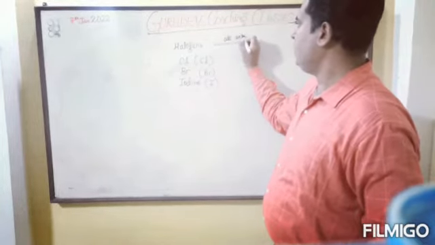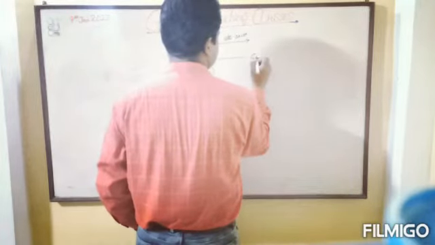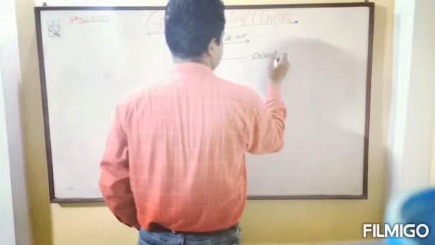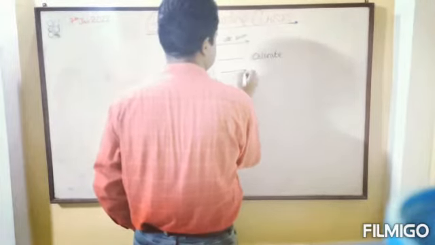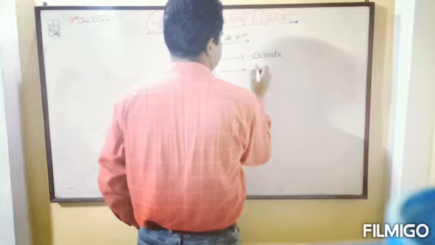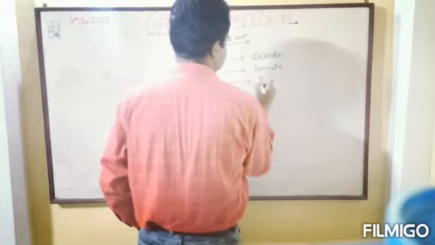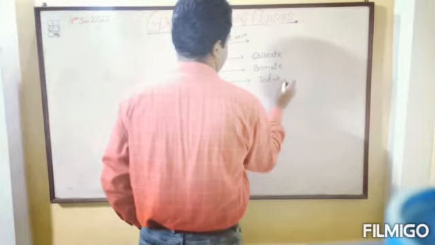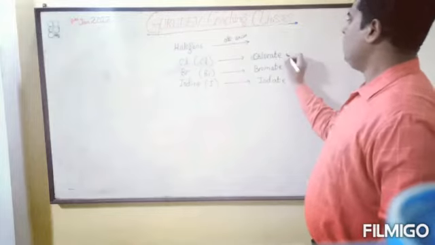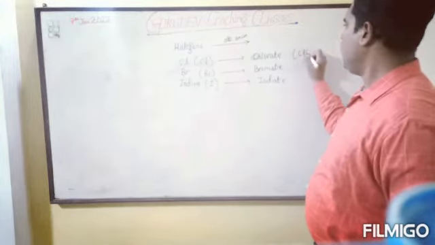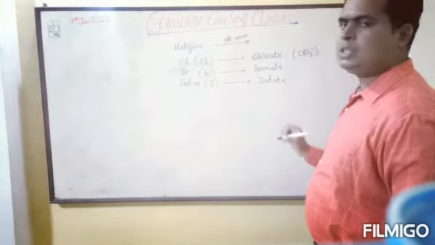So chlorine becomes chlorate, bromine becomes bromate, and iodine becomes iodate. The formula for chlorate is ClO3 minus.